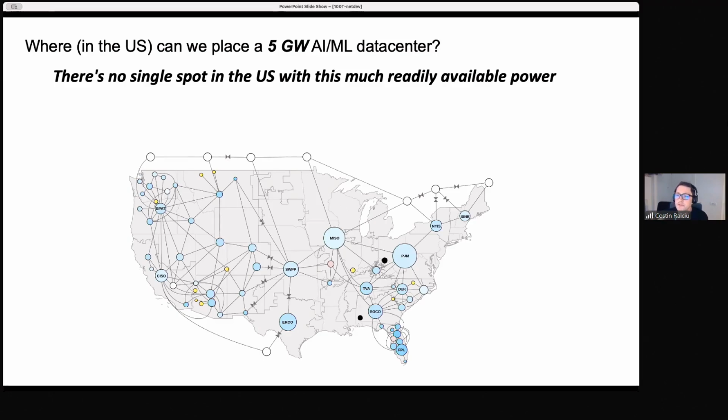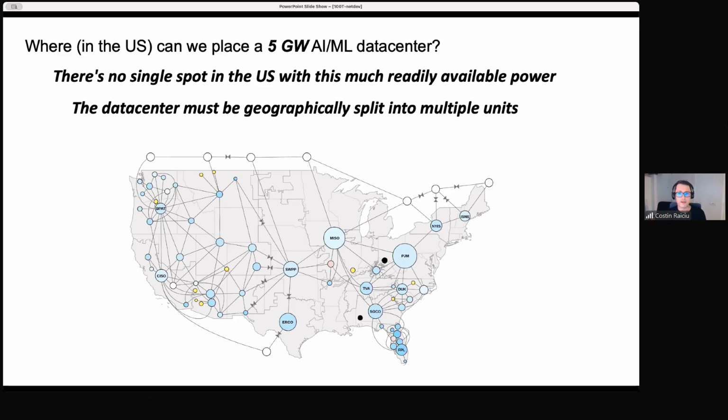As Shrijeet said, the reason you would build such a big data center would be to have it act like a single big computer that does training in lockstep. But there's the slight issue that you will not be able to build it in the same location, so you'll have to split it up. The best way to split it up would be east-west, because you have customers on both sides.